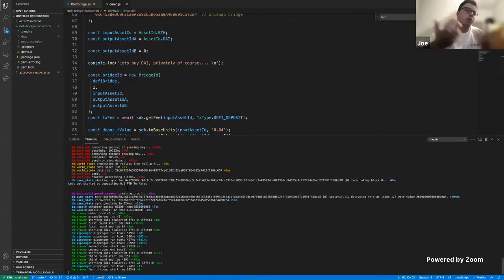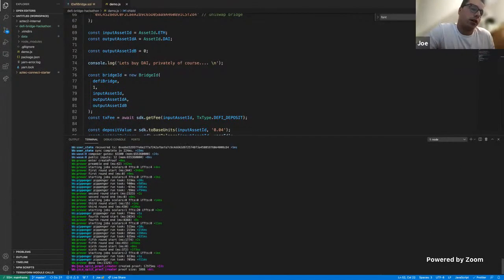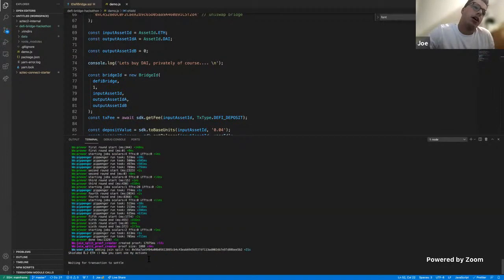So I create a join split proof, which takes my 0.2 ETH and converts it into ZK ETH. The proof takes a little bit of time to create on the client, and then it gets sent to the rollup. The rollup on testnet is quite slow, and it only handles 2 transactions at a time. But we can wait for this to settle. And at that point, we have ZK ETH, which we can use in future join splits or DeFi bridge interactions.